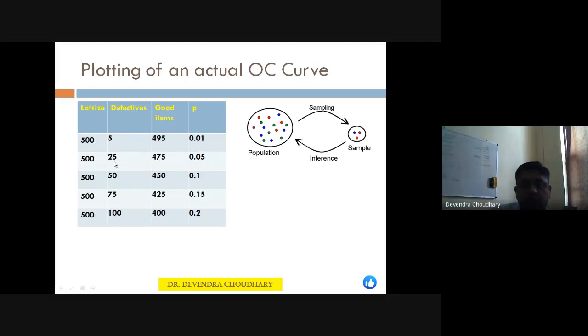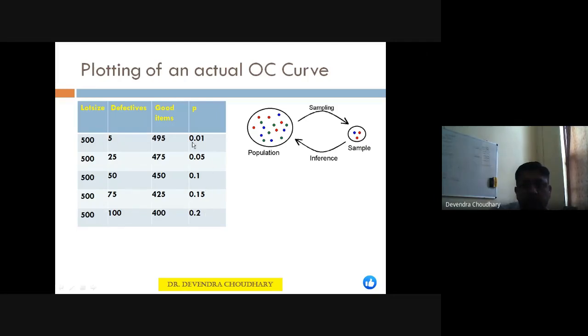Similarly, you can have 25 yellow peas and 475 green peas, and such a lot would have fraction defective equal to 0.05. So by having different combinations of yellow peas and green peas, you can make equal lot sizes having different fraction defectives.